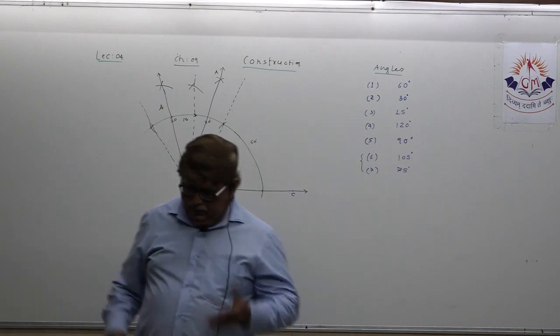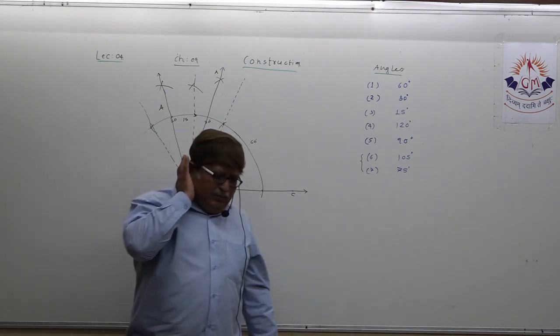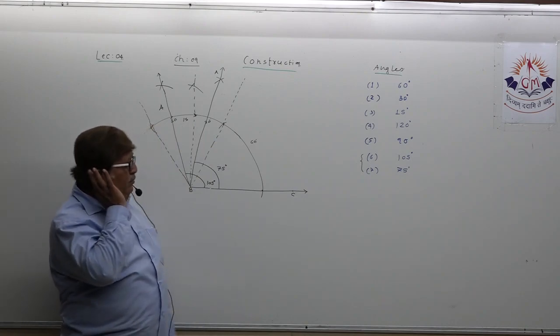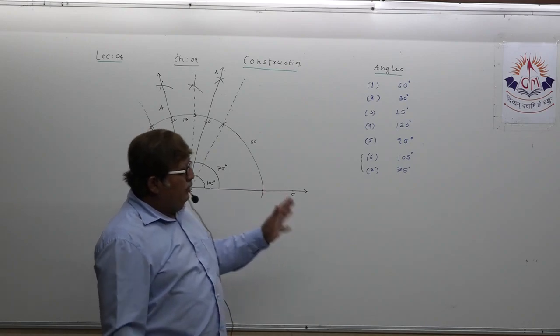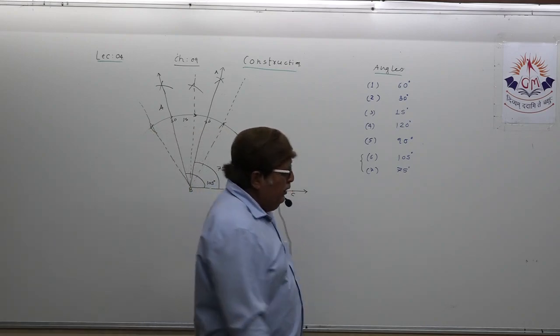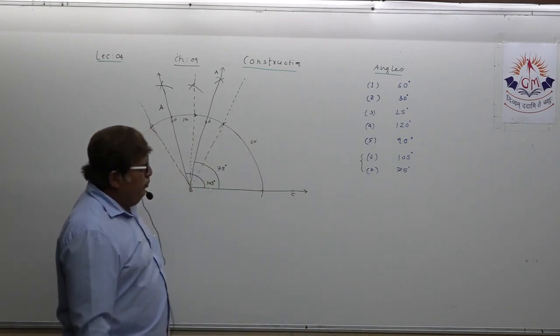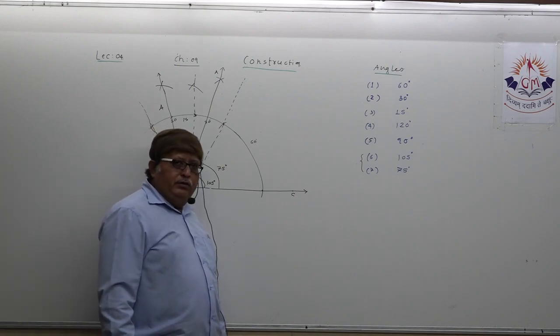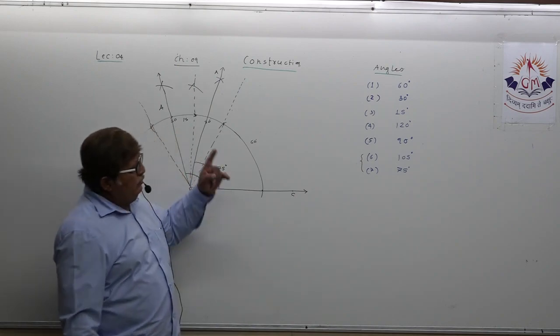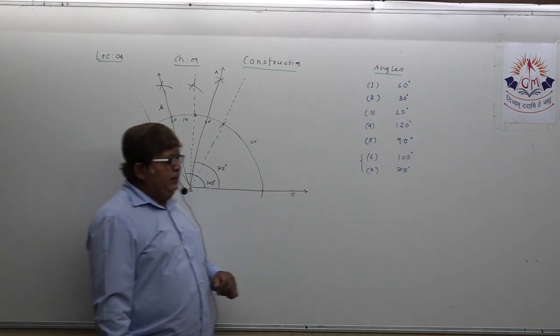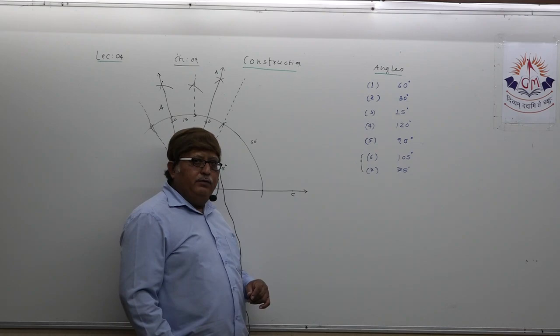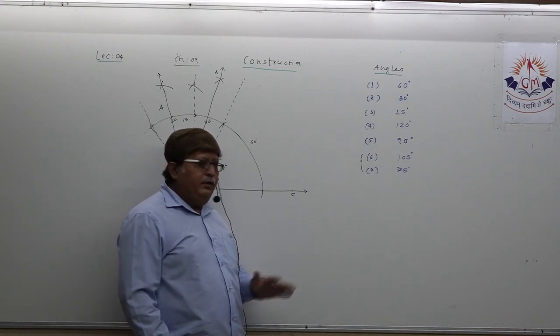This way, there may be some other angles, but at least if we meet live, we will discuss some other angles. But this many angles have to be very clear in your mind for the purpose of drawing all different types of construction: 60, 30, 15, 120, 90, 105 and 75 degree.